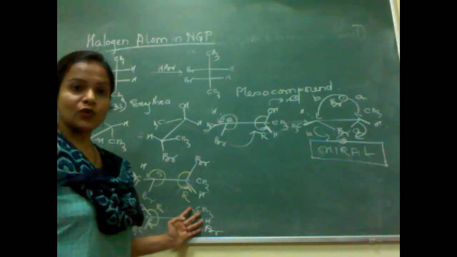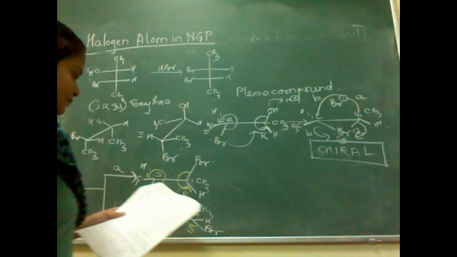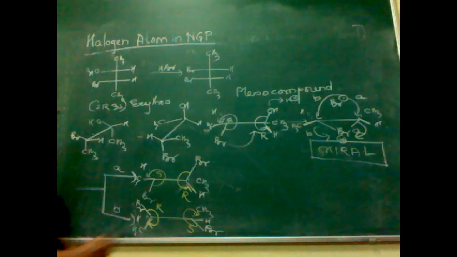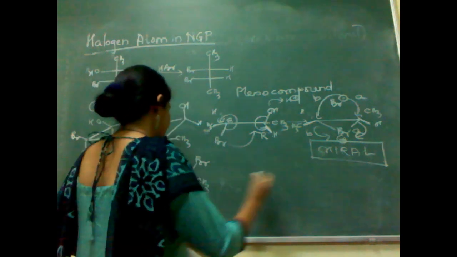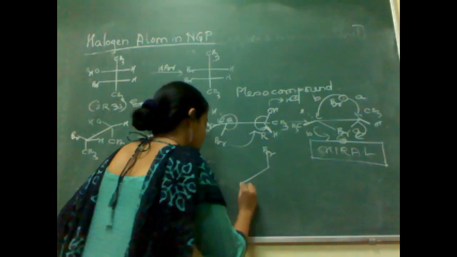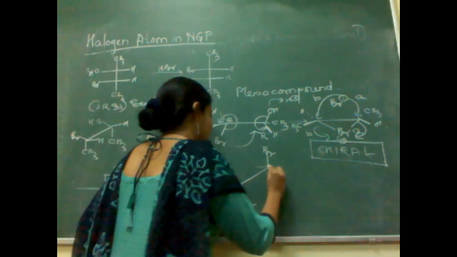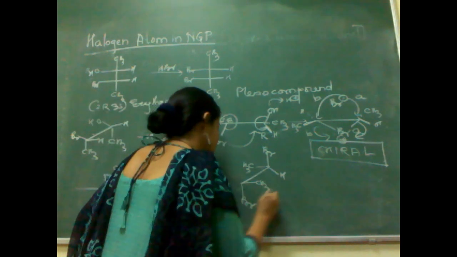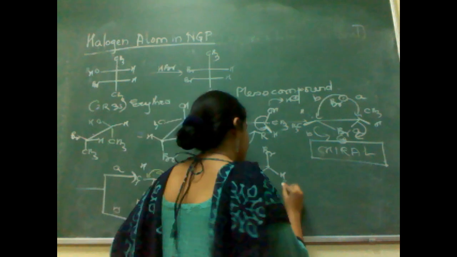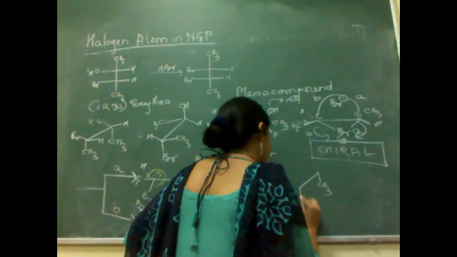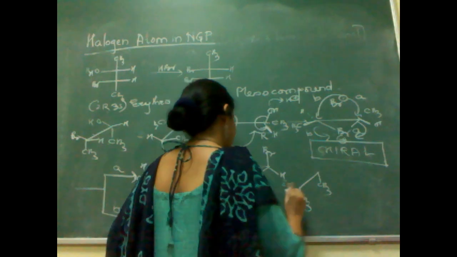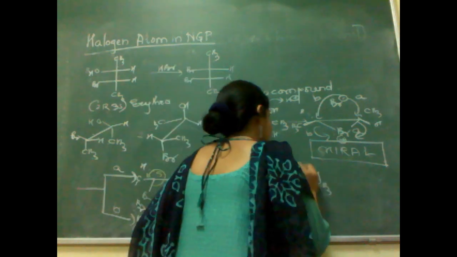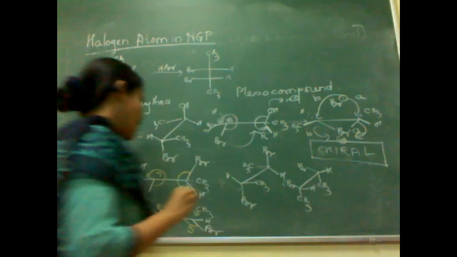So one way is to do this particular thing. The other way, if you are not able to do this, is to interconvert it. So you have this bromo group over here, the methyl group is going away, then hydrogen is coming like this, methyl group is coming like this, then hydrogen, then methyl group, then you have this methyl group, then hydrogen, then bromo group, then again this bromo group and this hydrogen.